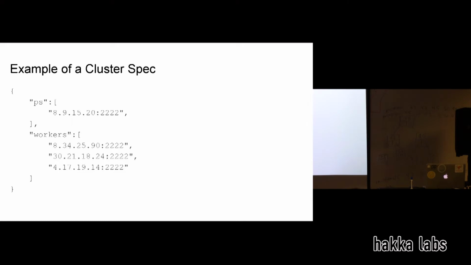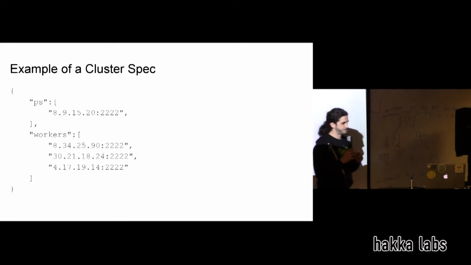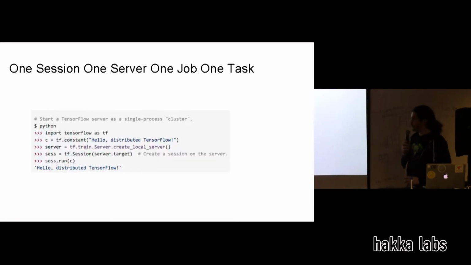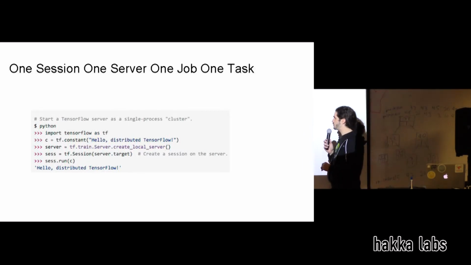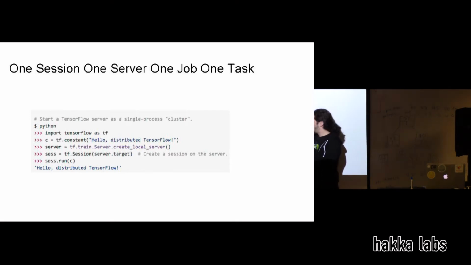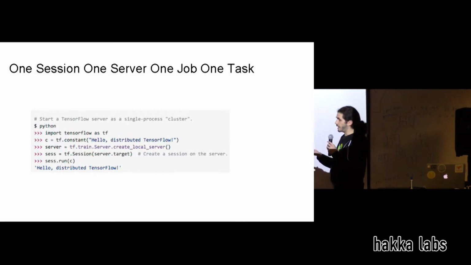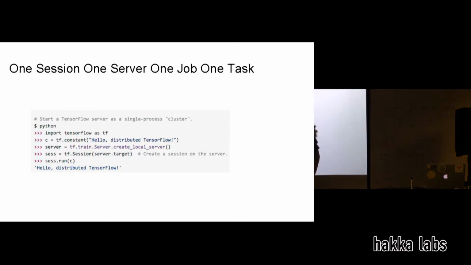That means no 2 nodes can both be a worker and have task 0. The simplest thing that you can do is this program, which creates a local server. So you have 2 processes on your local machine, one that has a server and one that has a session. And this session will communicate with this server on the same node.